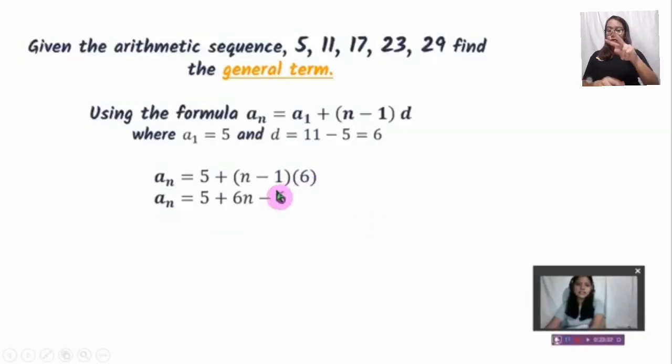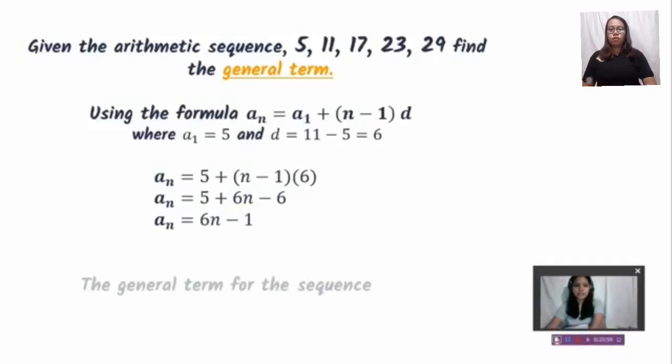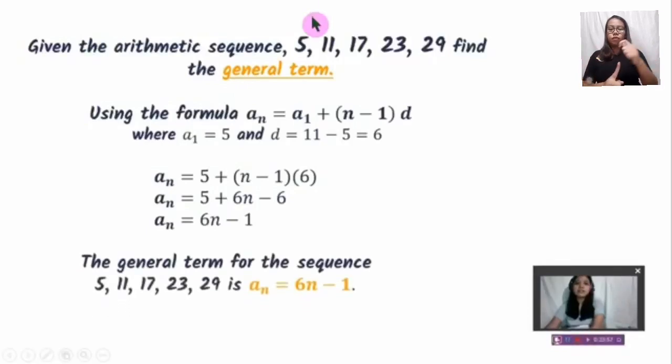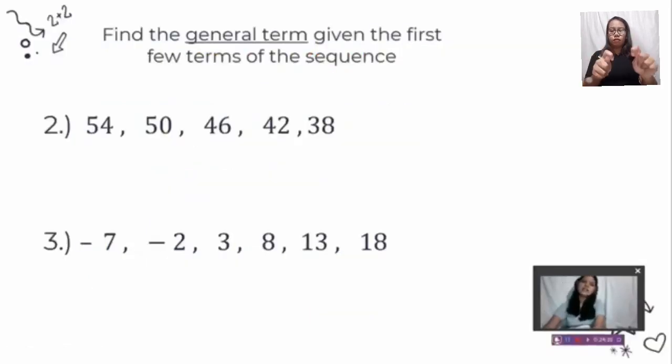Distribute 6, so that would be 5 plus 6 times n, that is 6n. 6 times negative 1, that is negative 6. Now we just need to combine similar terms. 5 minus 6, that is negative 1. So a sub n is equal to 6n minus 1. So the general term for the sequence 5, 11, 17, 23, and 29 is a sub n equals 6n minus 1.